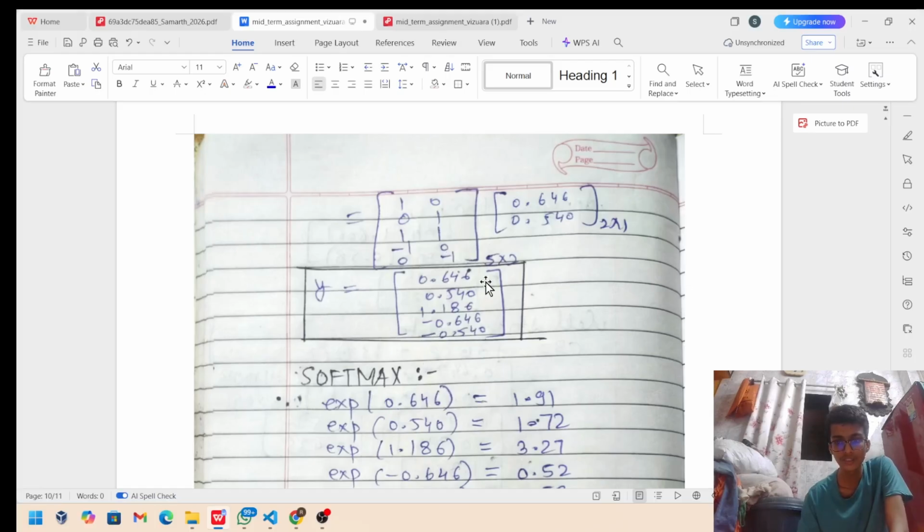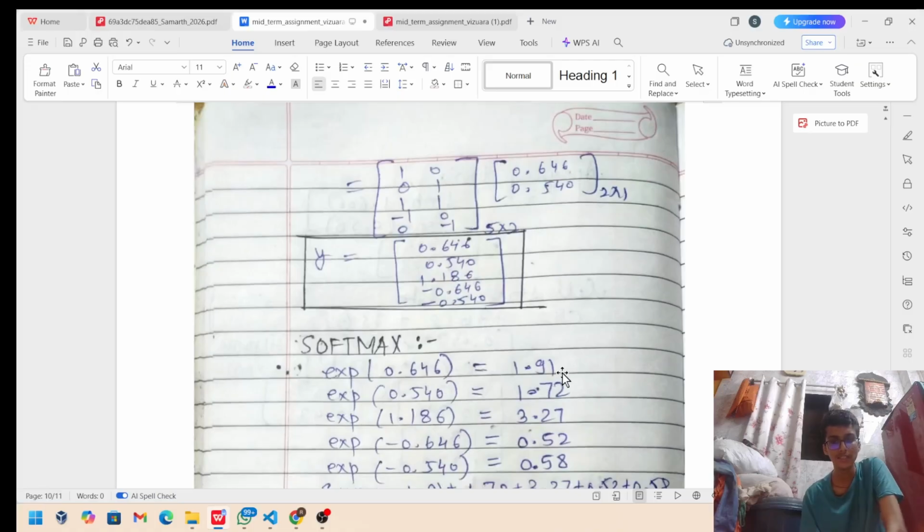And what does this y show? Each value corresponds to one vocabulary token. So you know there were 5 vocabulary tokens, as we have initialized earlier. Now, you cannot say which one is better to select as the next token. So this is where softmax comes into the picture, because you can't look at these negative values and classify whether this is too good or too bad. So softmax gives a probability distribution over the 5 vocabulary words.